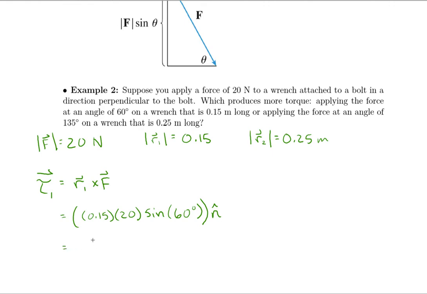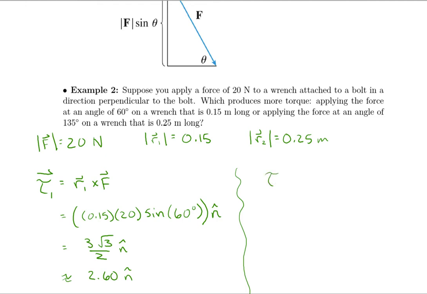And that's going to equal, let's see, 0.15 times 20 is 3, and then the sine is the square root of 3 over 2. Approximately that's 2.60 times n.